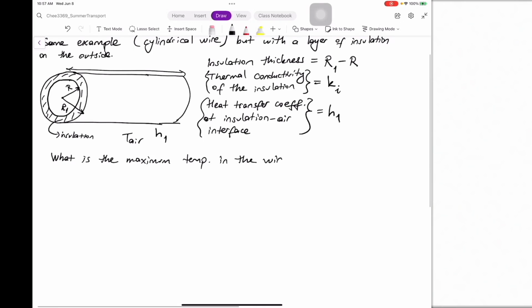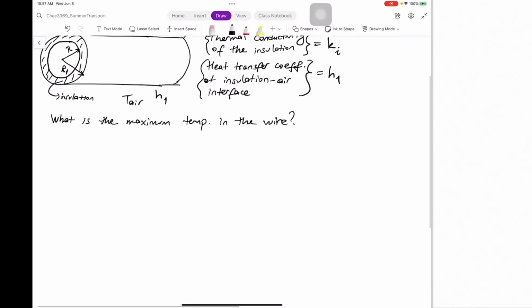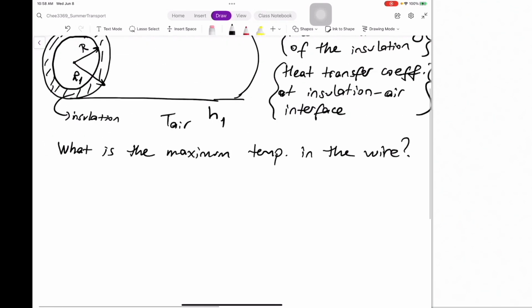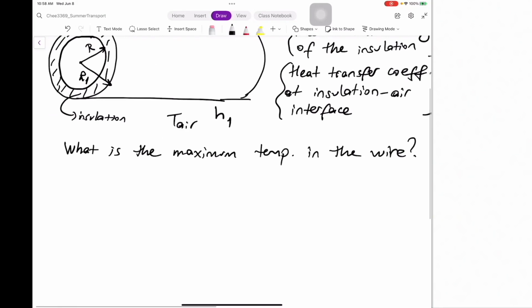Before we move on, what do you think? Is it going to be larger than what we found before, or smaller than what we found before? Numerically, although I'm probably not going to plug in numbers, what is your expectation? Okay, so you don't have any expectation when there is insulation.